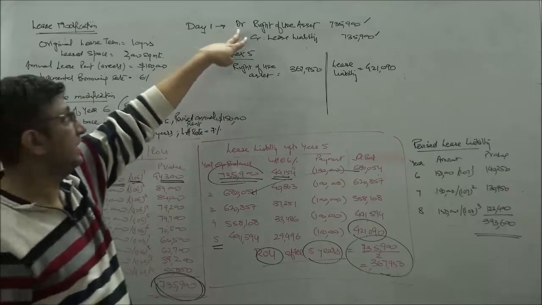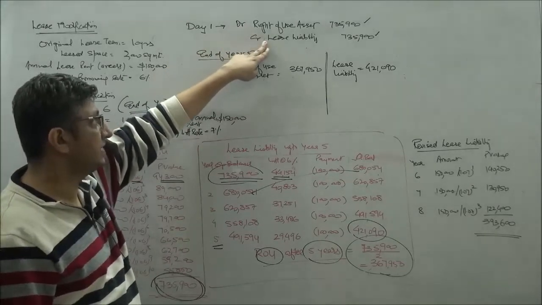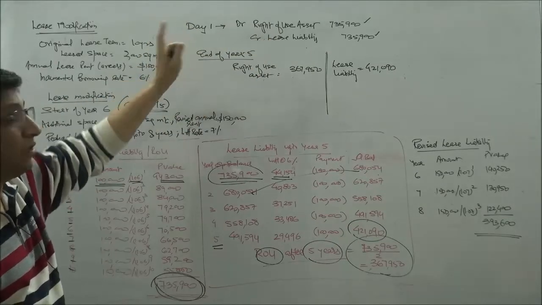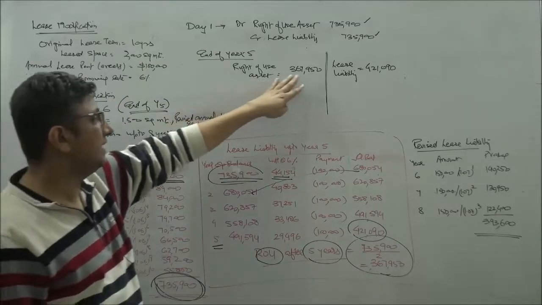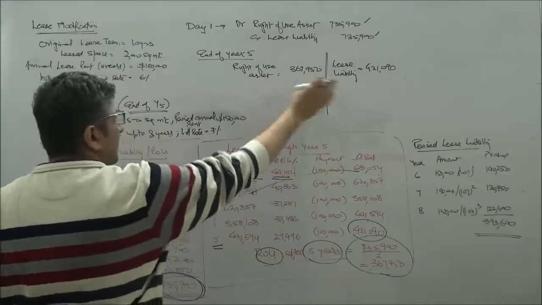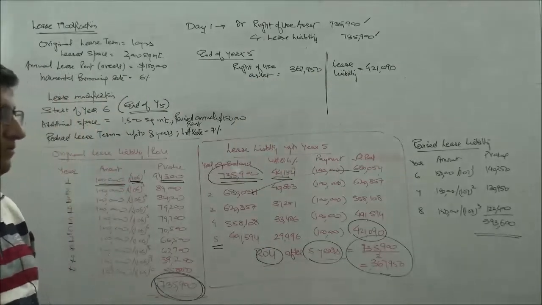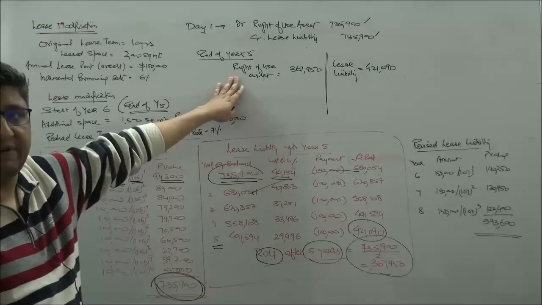Okay, right? Now this is the first point that we have come to. We calculated the initial value of right of use asset, which was nothing else but the lease liability, and then at the end of year 5, when the modification is happening, we are looking at the carrying value of my lease liability, which is 421,090, and the carrying value of my right of use asset, which is 367,950.